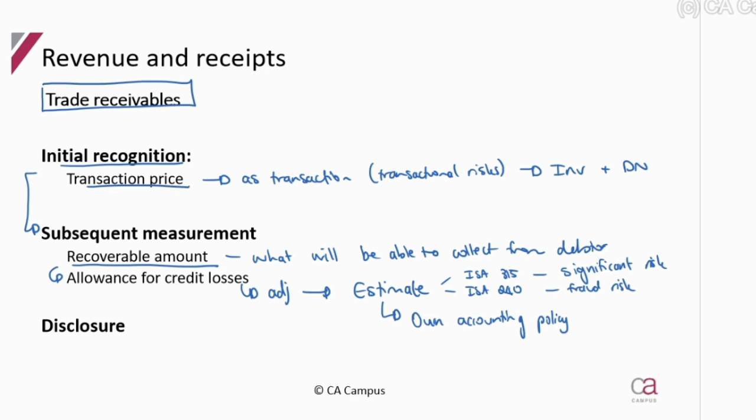With regards to disclosure, all that needs to be disclosed with regards to your trade receivables is the accounting policy that they're using because it's their own. And so we've got to make sure that they have disclosed everything required in terms of that accounting policy for their trade receivables. Okay guys, next we're going to look at purchases and payments.